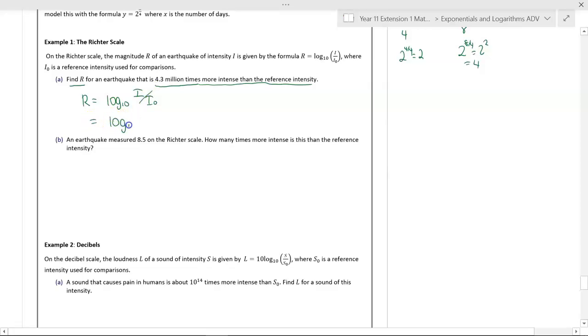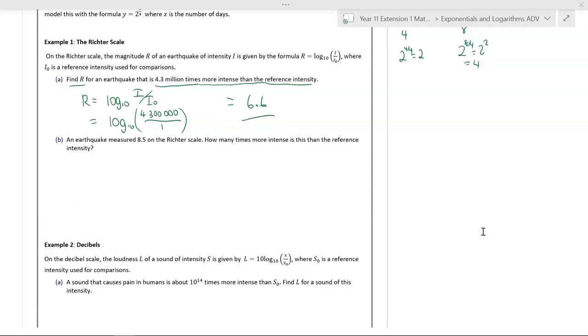All I'm going to put in here is my intensity is 4.3 million to 1, as a ratio. And let's see what that is on the Richter scale. We get 6.6. So you can see 6.6 on the Richter scale, when you compare it to an earthquake of magnitude a lot smaller, it's a lot more intense. It's 4.3 million times more intense, whereas 6.6 doesn't seem like such a big number.